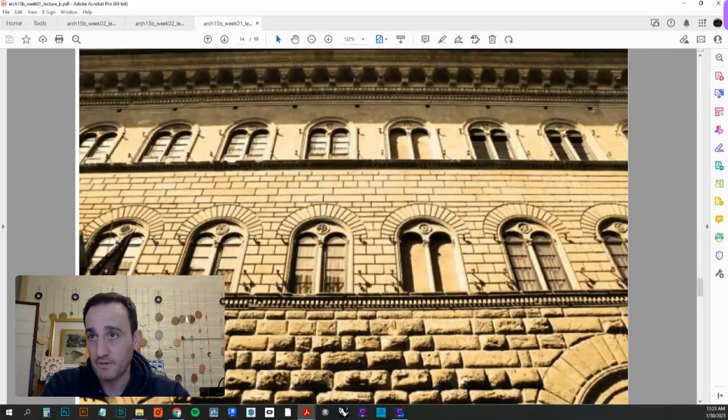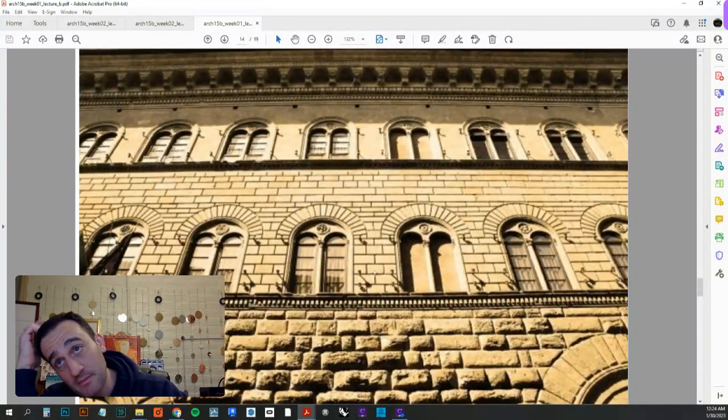Here is a perfect example of rustication at the lower level of this building, which is basically rough surfaced, rough edged stone masonry. And here made very obvious by juxtaposing that rough, coarse, rusticated stonework with smooth, clean, kind of what looks like maybe machined.